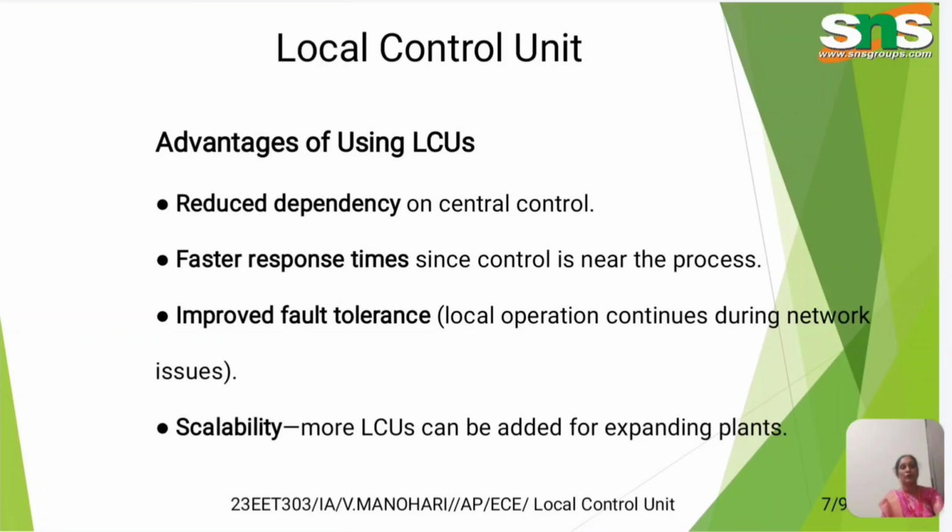Then improved fault tolerance. Even during a network disruption, the local process remains stable. Then scalability. If a plant expands, adding more LCUs keeps the system flexible and easy. We can easily add more local control units.